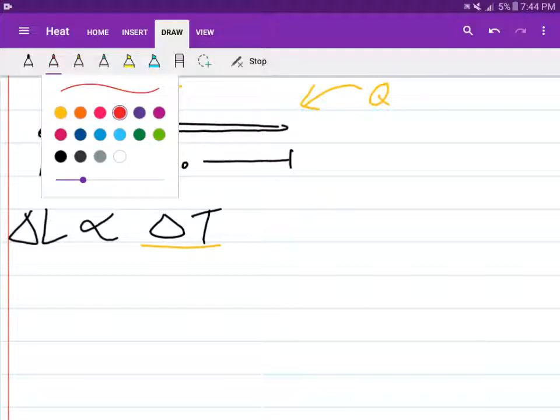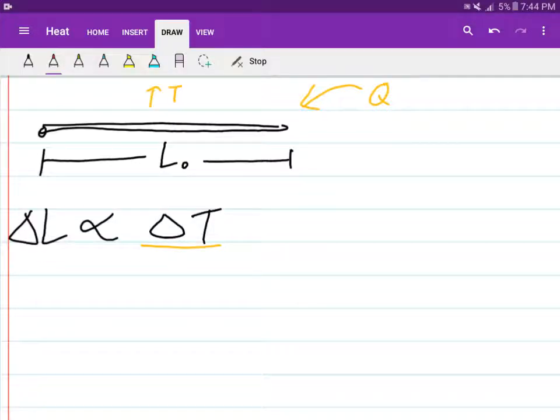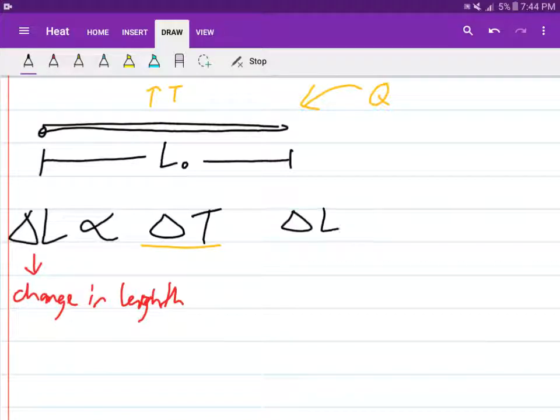So I'll write this down as such. Also, the change in length should be proportional to the initial length of the rod.